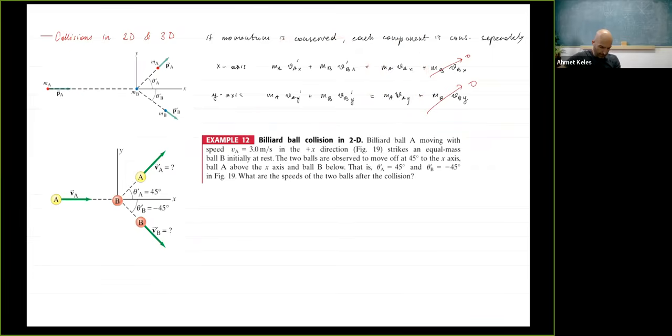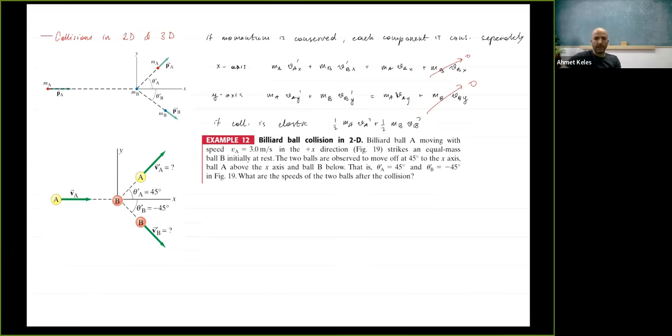And if we are talking about an elastic collision, if the collision is elastic, you have 1/2 MA VA squared plus 1/2 MB VB squared.